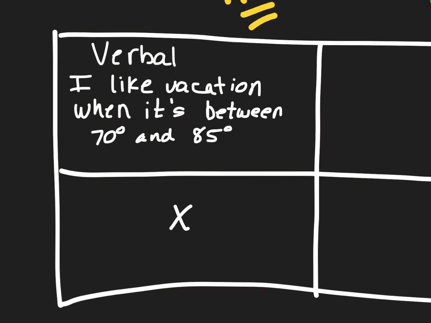No, it's just the space in between. So I'm going to put 70 on one side. I'm going to put 85 on the other. I want the temperature to be greater than 70, but less than 85. So this is a compound inequality because it's got to be bigger than 70, but smaller than 85, or but lower, I should say, than 85.